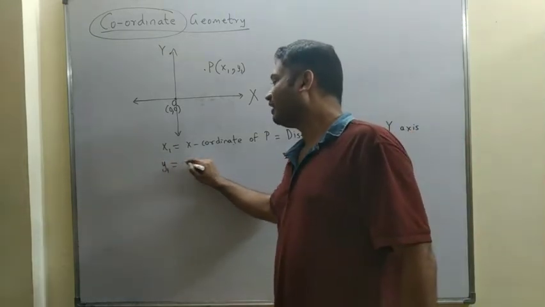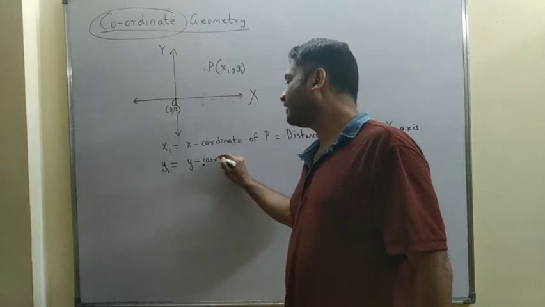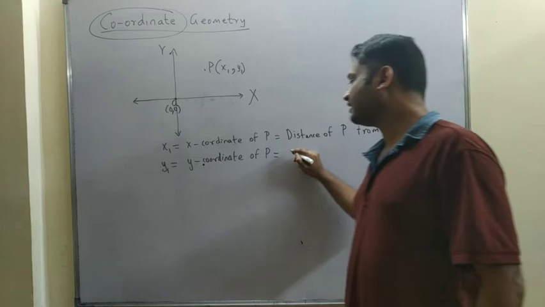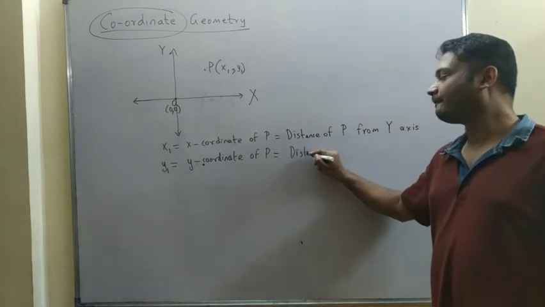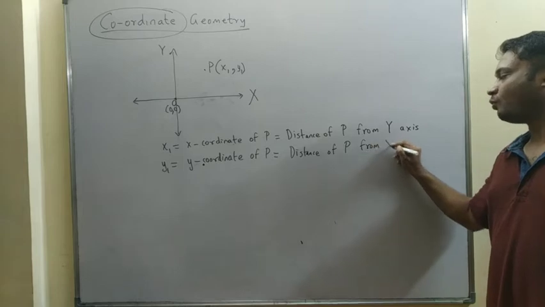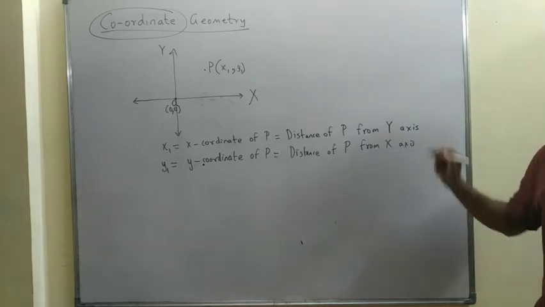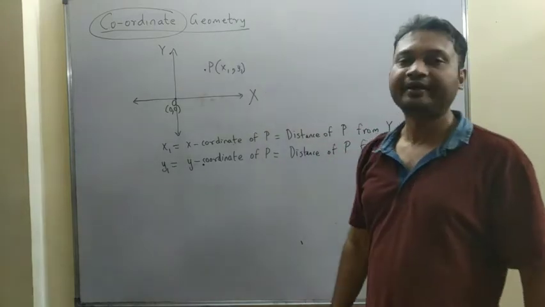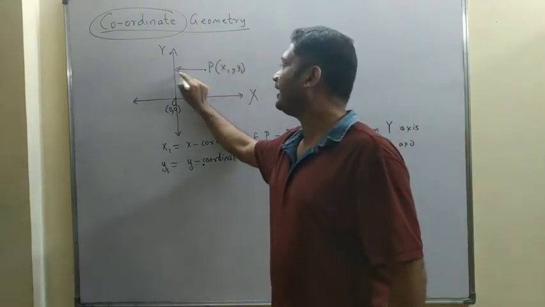Similarly, y1 is the y coordinate of point P. It is the distance of the point P from the x-axis. So what does the x-coordinate refer to? The x-coordinate refers to the distance of the point from the y-axis.